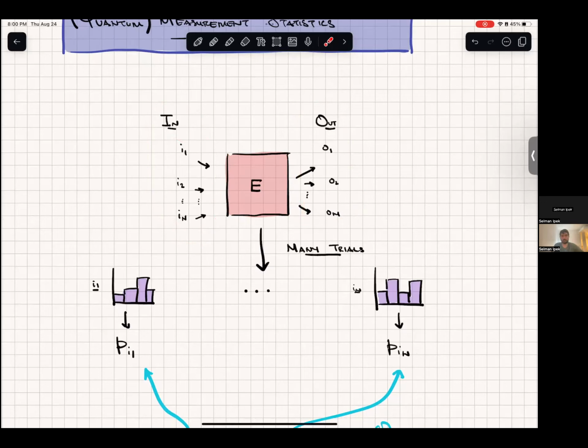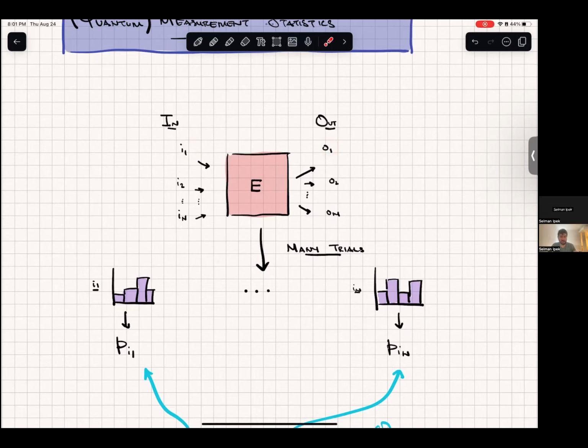Now, each time we can think of these inputs as some knob, which we can think of perhaps as measuring a physical system at a certain angle, but it could be something more abstract than that as well. We can think of picking a particular setting, call it I1, and then performing this measurement, getting one of the outcomes.